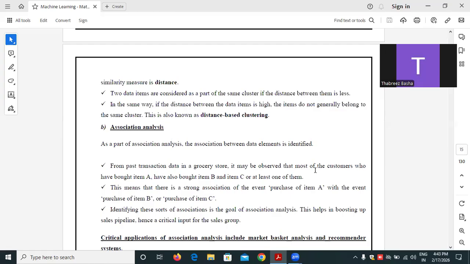It means B is a main component related to A, and C is another product purchased in the group of items with A. This is the goal of association analysis, identifying the source of association. Finally, it helps boost sales pipelines, hence it is critical for fast sales flow.